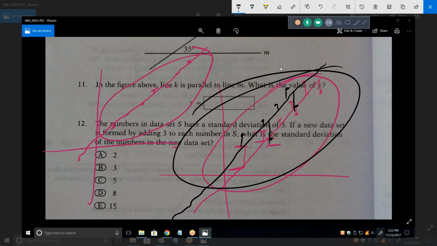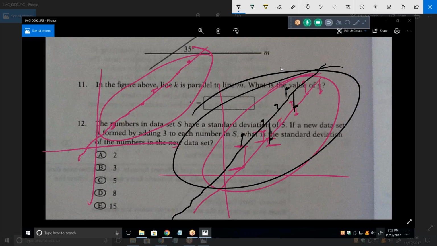Now, if they'd asked what happens to the mean? It's going to go up by 3, because you're adding 3 to every number. You get the mean by adding all the numbers and dividing by how many numbers there are, so if you add 3 to every number, the mean goes up by 3.